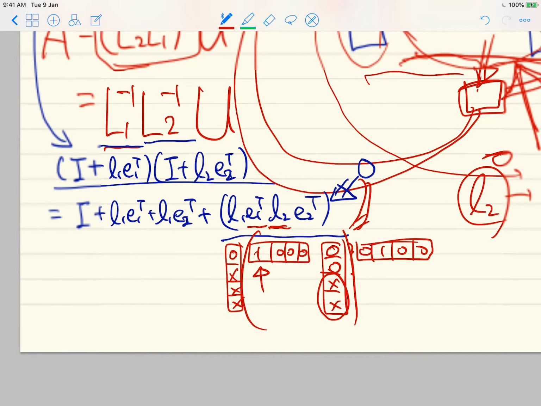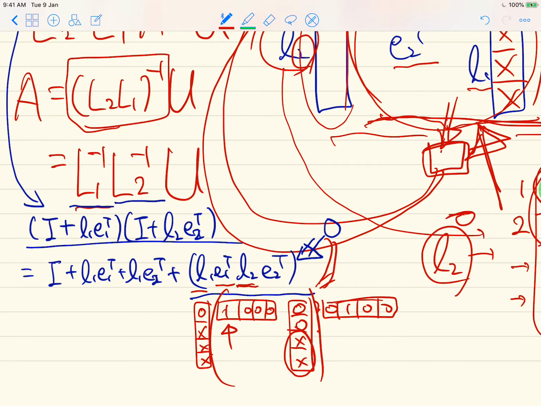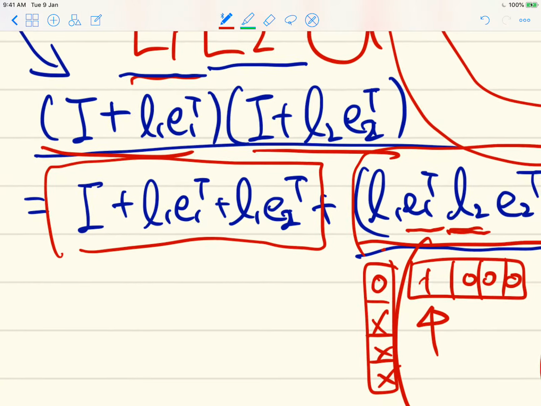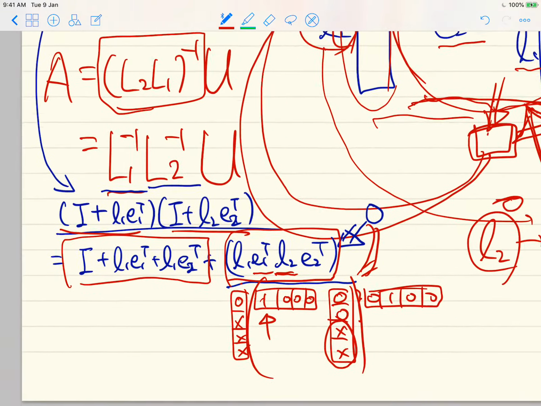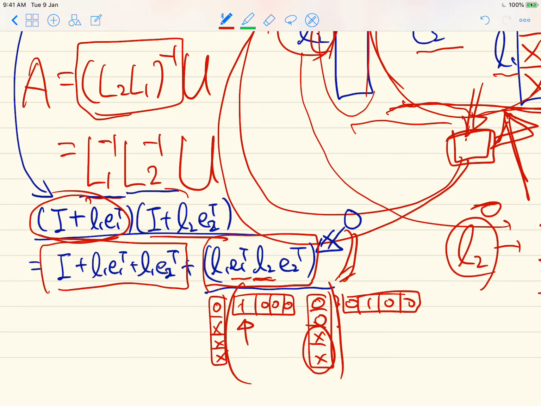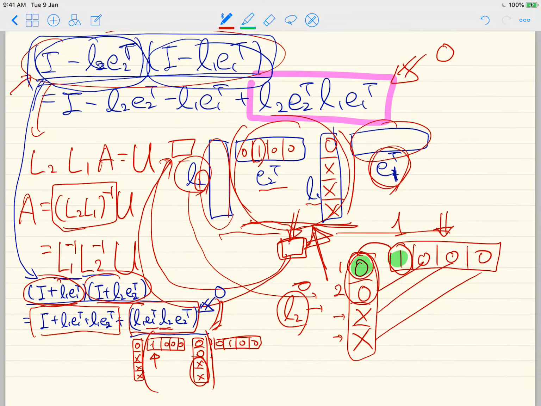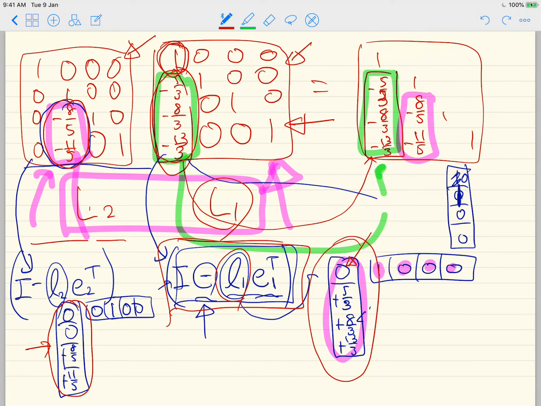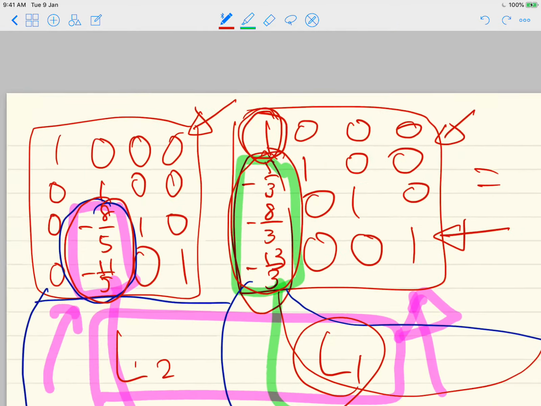Okay, so we proved this part as 0, and so the product of these two will be represented in this form, right? So what's the implication of it, or what kind of conclusion can we obtain over here? In this case, this guy and this guy is the product between these two matrices.